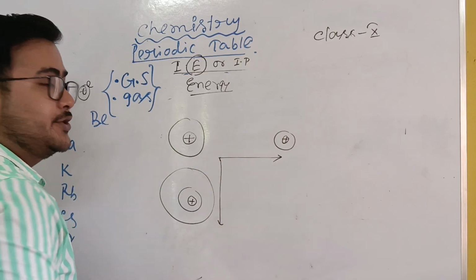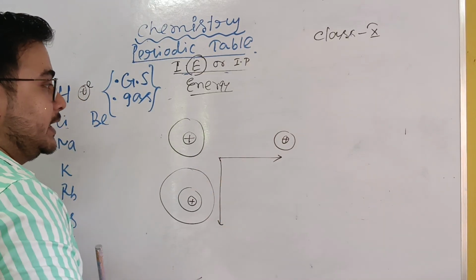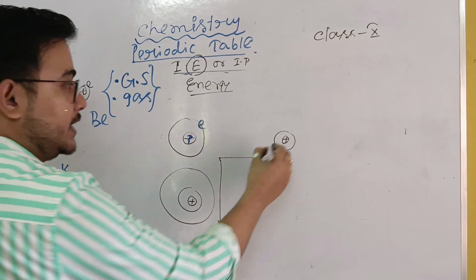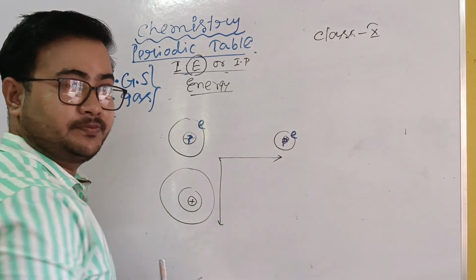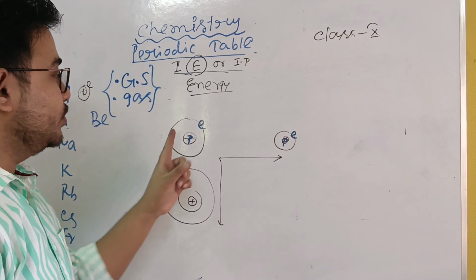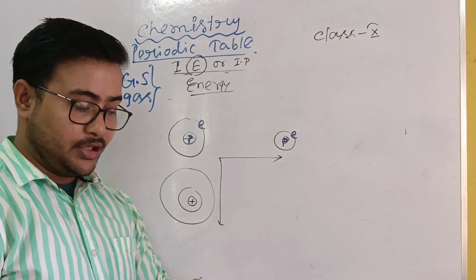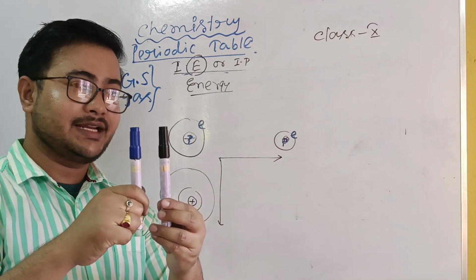Now try to understand. Here a proton is there, here an electron is there, and here also a proton and electron. Now tell me, in which case is the attraction more? Obviously here, because if the distance decreases, attraction increases.